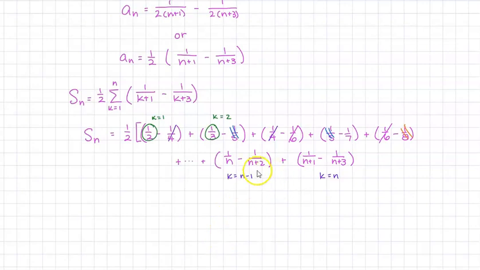And now it's going to be very symmetrical to figure out what's left. It's the first fraction in both of these. So symmetrically, like the mirror image is going to be the last fraction in both of these. So this one and this one will both be left. And don't forget that there's minus signs in front of them. But this 1 over n plus 1 would have something here to cancel out with. So it's going to be gone.